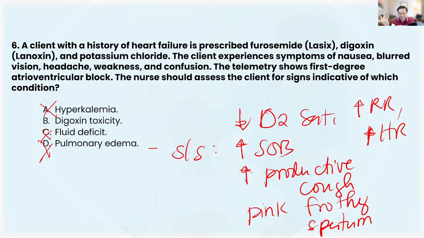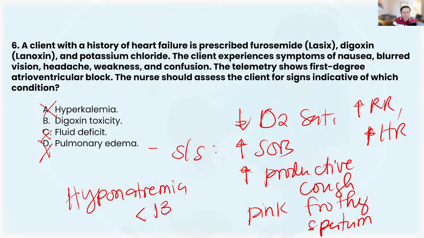Their lungs are now starting to drown because of the fluid volume overload. Well, of course, if the patient is hyponatremic, we're going to have to treat that. We don't want that hyponatremia to go on without correcting that, because when the patient goes into hyponatremia, this can do a lot of things. So we're talking about a sodium level of less than 135 milliequivalents per liter. And the symptoms here will be varied as well.